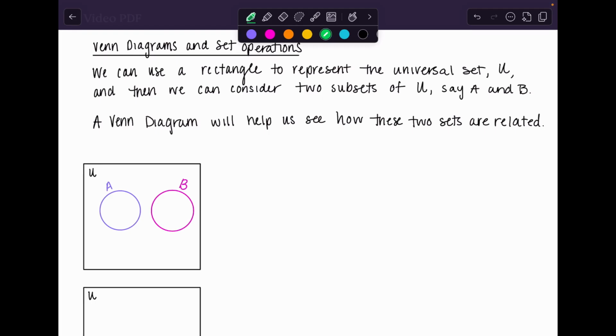So in this case, we would say these sets are disjoint. Okay. So each circle is representing the set itself, and you would put all of the elements just in a list or however inside of here. And in this case, because there's no overlap, they are disjoint. So A and B are disjoint.